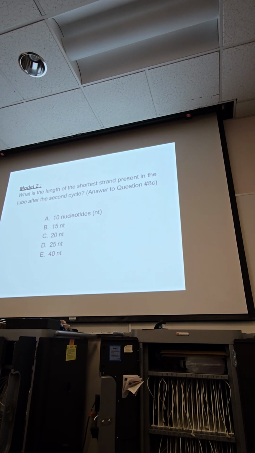Isn't it 25? Oh, you're not counting this? No, I'm counting this one. Maybe you're right. 20? Yeah, it's 20. Because if we take out these 5, then we're at 20.